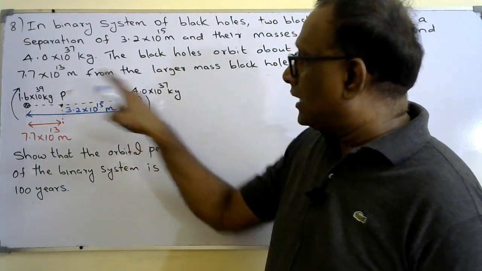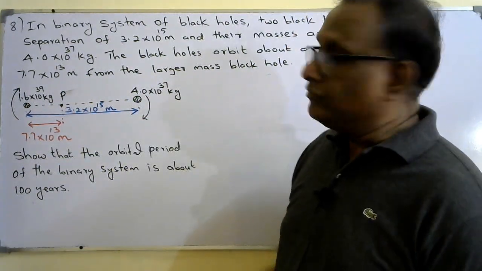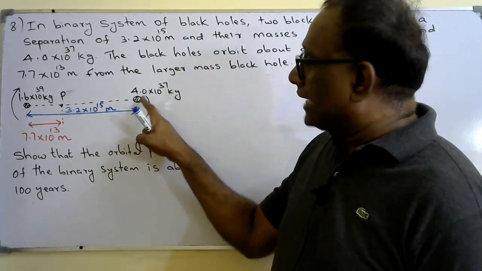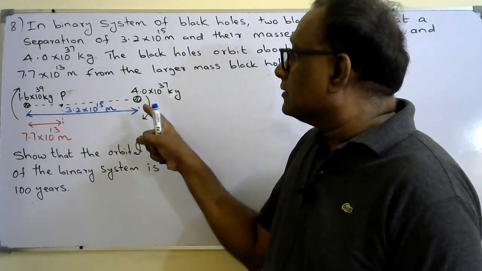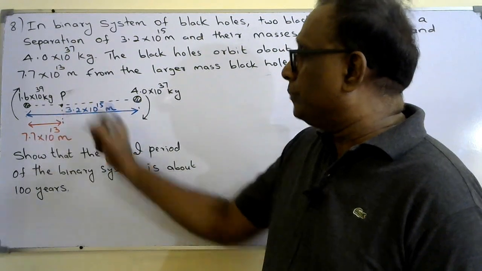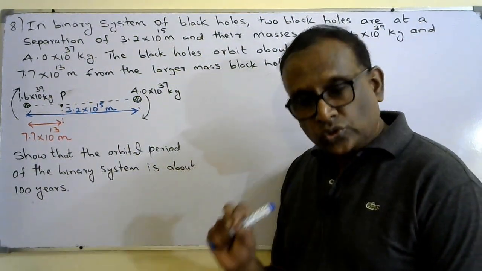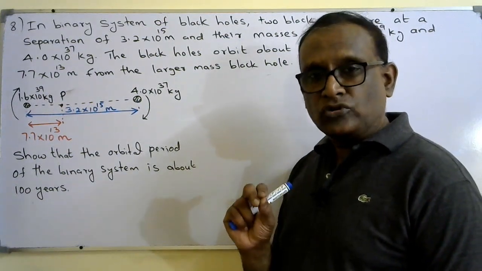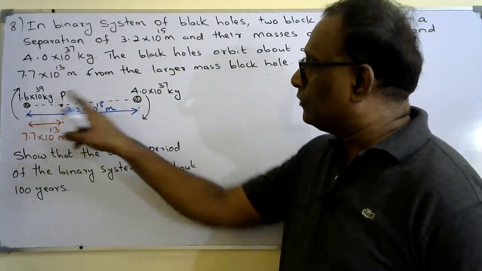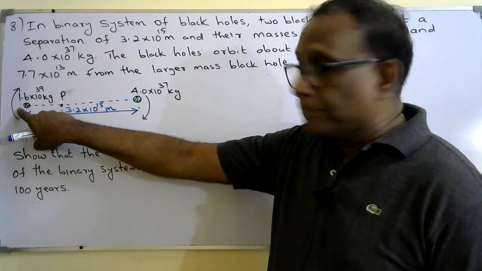In the same way, the low mass black hole also orbiting about P needs a centripetal force. The centripetal force is the gravitational pull exerted by the massive black hole on the lighter black hole.